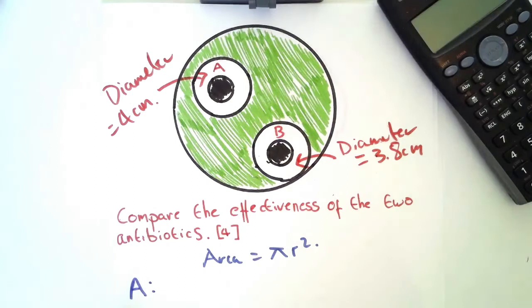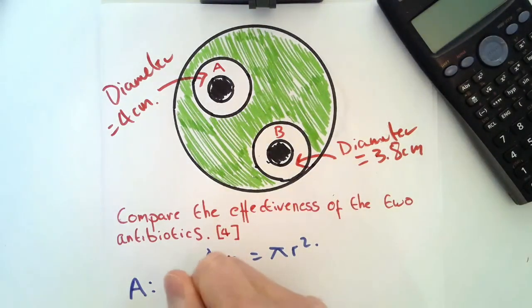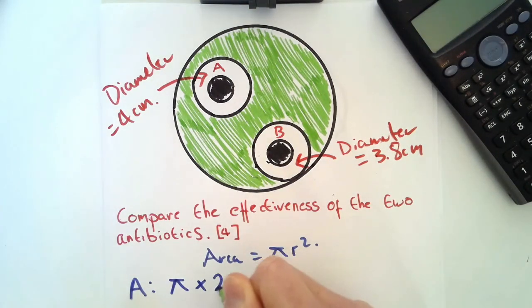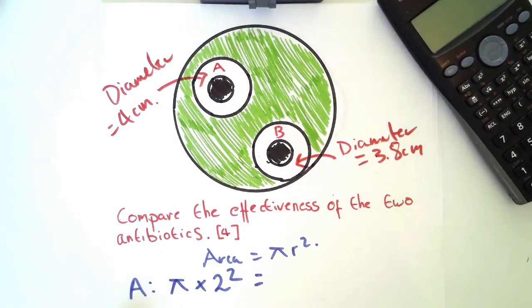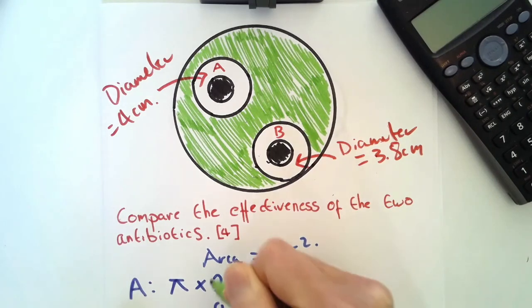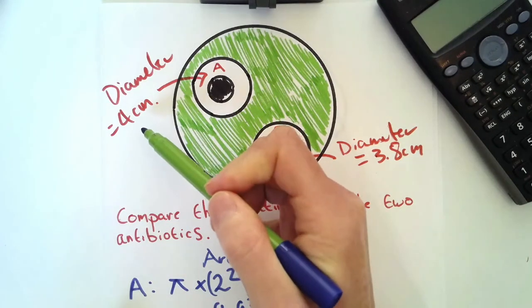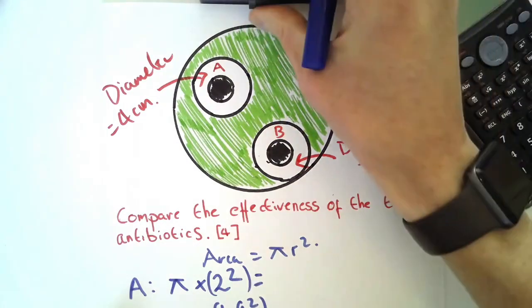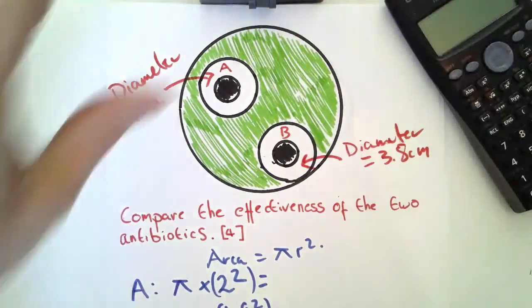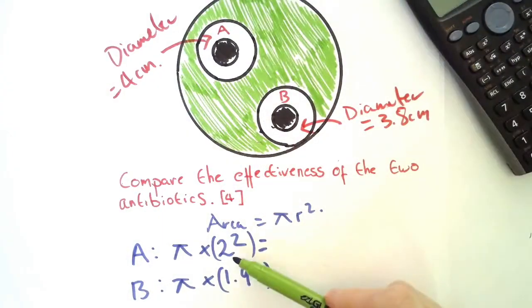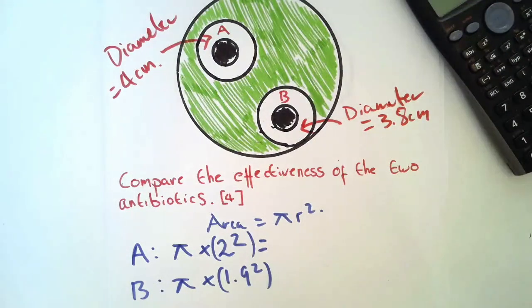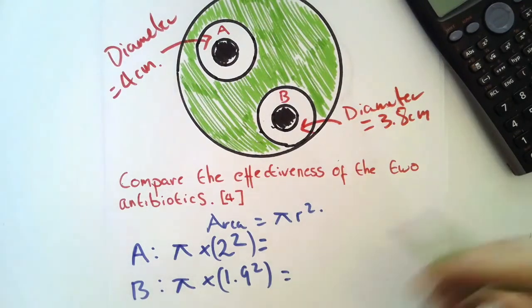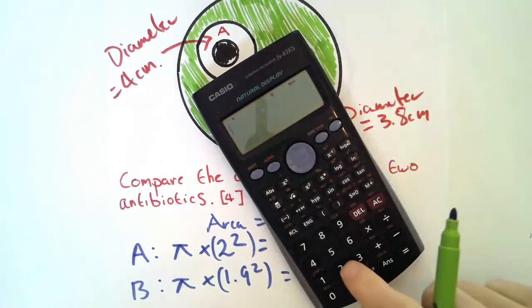So for A, you need to do pi times 2 squared. Okay, and for B, you need to do pi times 1.9 squared, because you're halving these numbers up here. So 4 divided by 2, halving it to get to 2, and 3.8 divided by 2 to get to 1.9. Okay, and then it's just a case of sticking those numbers into your calculator.